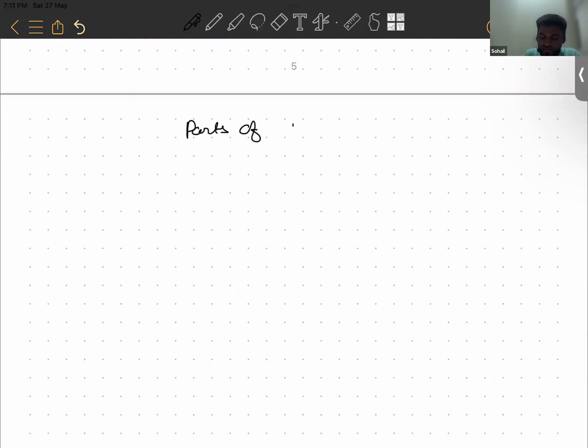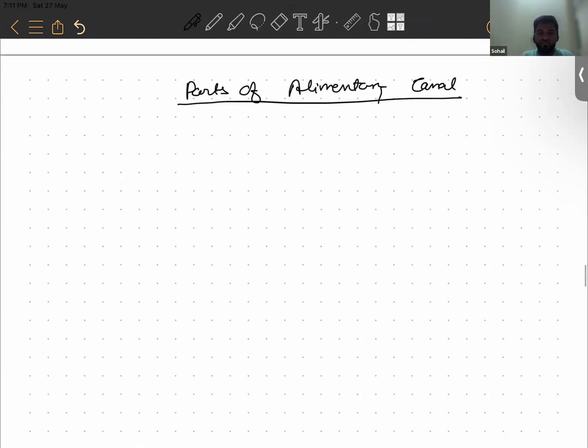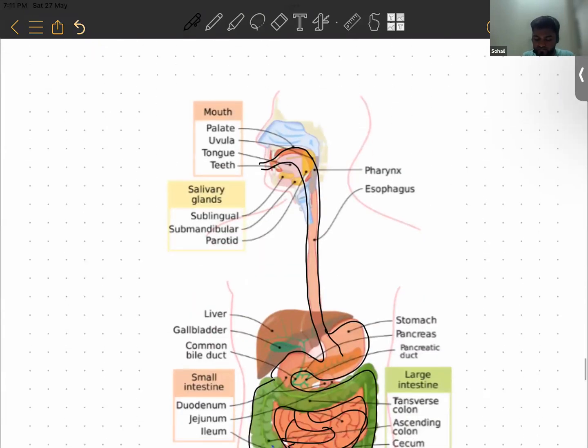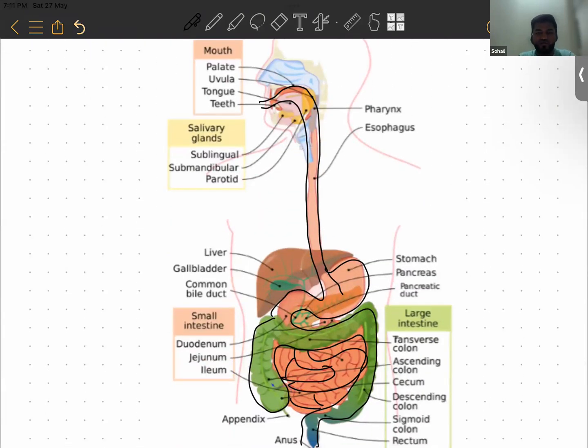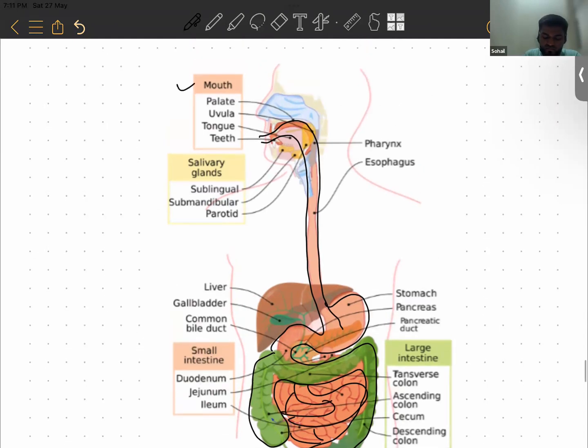Now you tell me, Mafaz, any idea what the parts of the alimentary canal are? You can take help from this diagram here. Mouth, salivary glands.